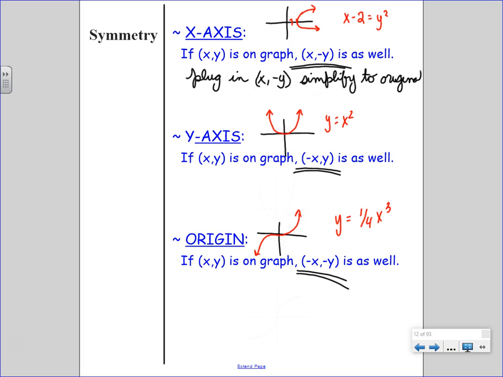What I mean by original is the original equation. If you plug (x, negative y) into the function, and if you simplify, make sure you simplify and make sure you plug in. Those are your two action steps.